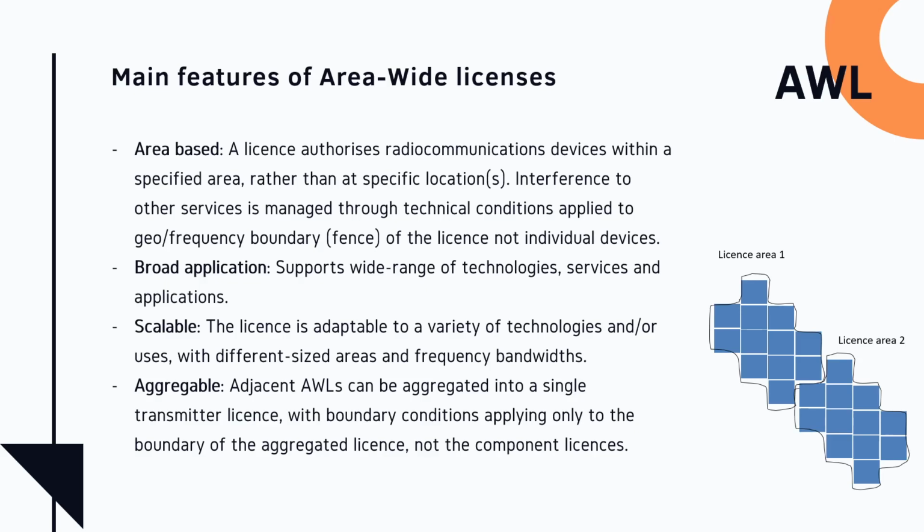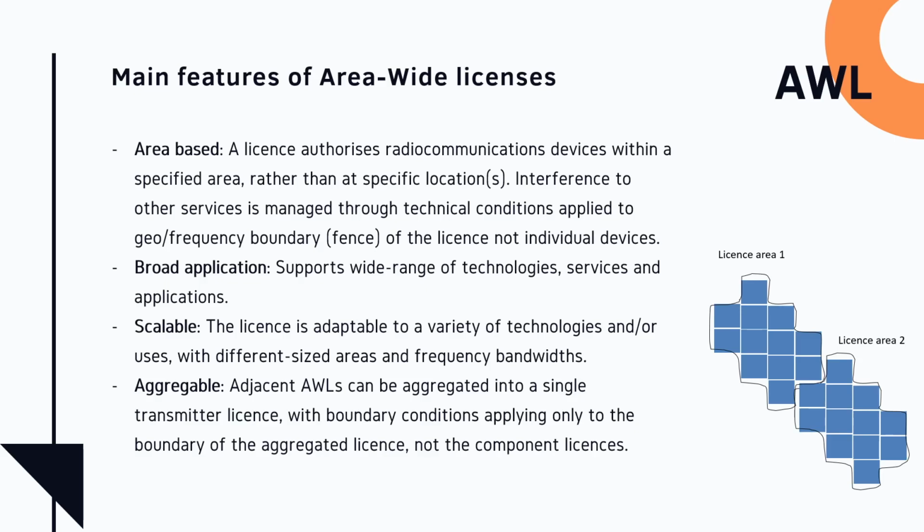The licensee is required to adhere to the technical constraints within this license boundary. The interference to other services is managed through the boundary constraints itself, not individual devices used in that license area. So you don't have to be concerned about device-to-device interference. It's more like area-to-area interference as a whole.